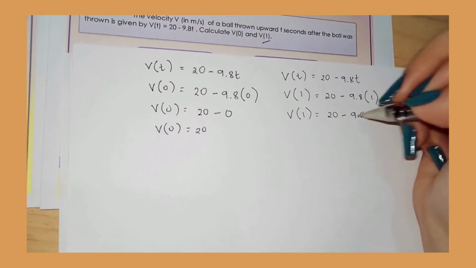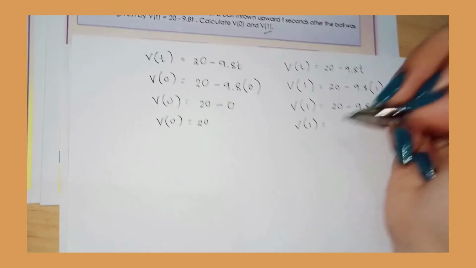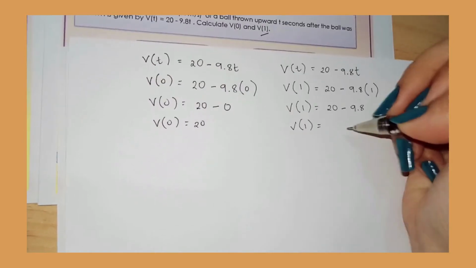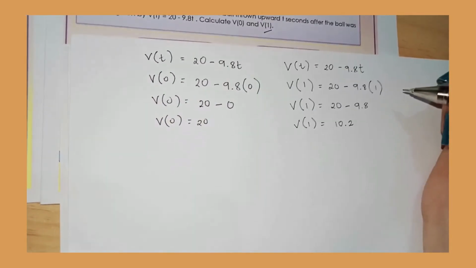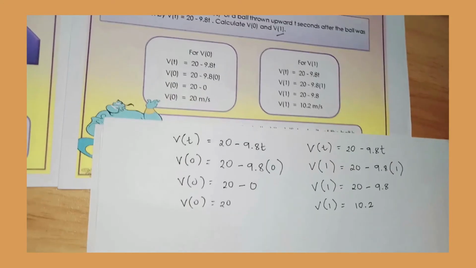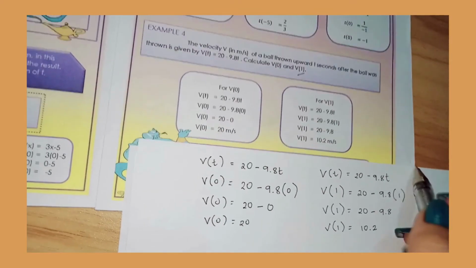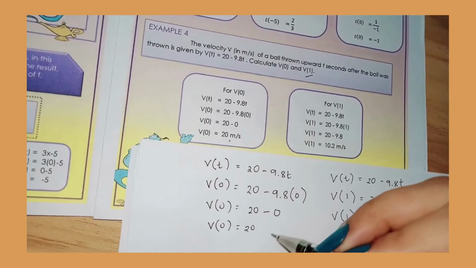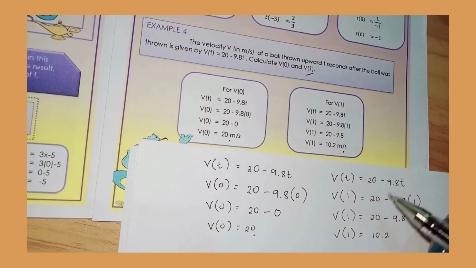Ngayon, pwede na natin siyang isubtract. V of 1 is equal to 20 minus 9.8. The answer is 10.2. So that will be your final answer. Same with the answer in this one, nilagyan lang siya ng meter per second since we're talking about velocity. So, 20 meter per second, tama yung sabi natin kanina, 10.2 meter per second.